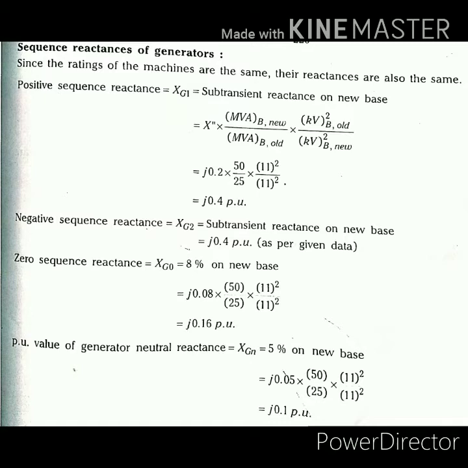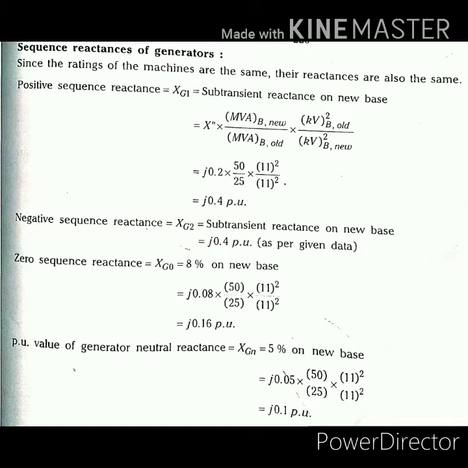Positive sequence reactance, we'll take it as Xg1, which is nothing but the subtransient reactance. So this formula which we have studied in module 1, that formula you have to write, and see the X stands for the reactance of generator 1, which is J0.2. MVA base new for generator 1 is 50.